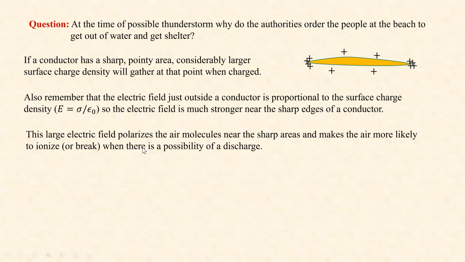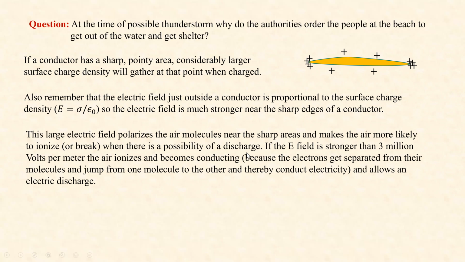This large electric field polarizes the air molecules near the sharp areas and makes the air more likely to ionize or break when there is a possibility of discharge, all right? If the E field is stronger than 3 million volts per meter, the air ionizes and becomes conducting.